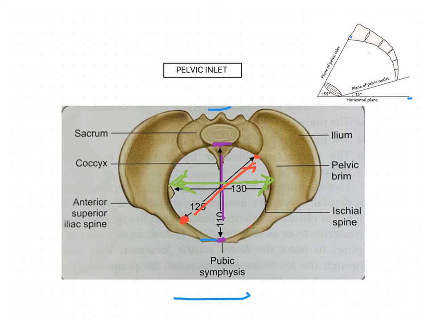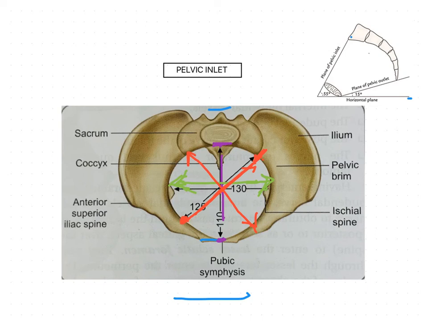From there it is measured to the opposite sacroiliac joint. So the oblique diameter is measured from one iliopubic eminence to the opposite sacroiliac joint. It is about 125 millimeters.